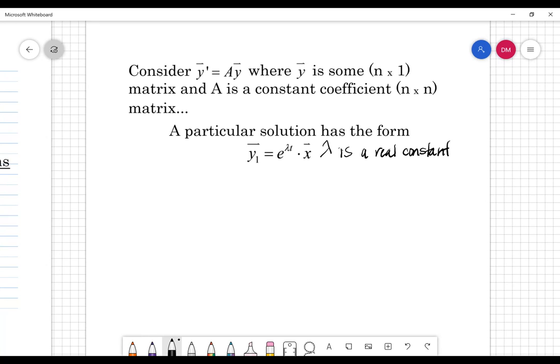Now x, this vector here, is some n by 1 constant vector function. That's my constant vector function.